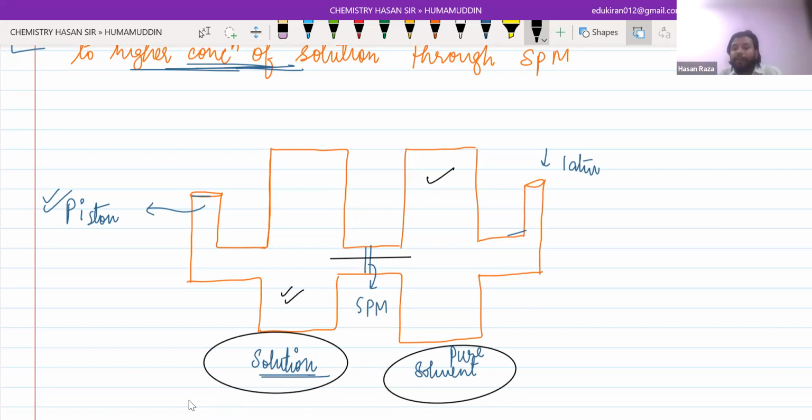I just defined that in osmosis, flow is from higher concentration of solvent, that means the side on which the concentration of solvent is more will start flowing to the side on which the concentration of solvent is lesser. Are you getting my point, Humamuddin? Yes, sir. So the movement will be from right to left.